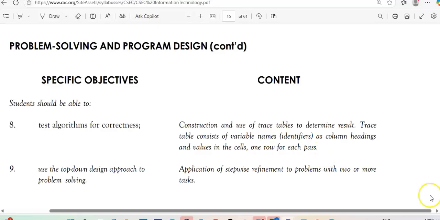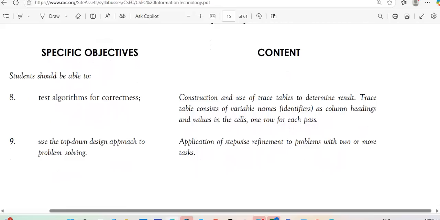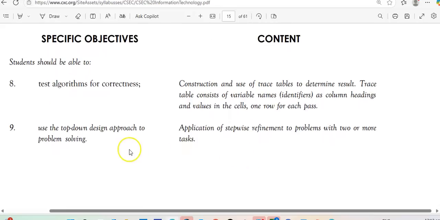All right, application. Use the top-down design approach to problem solving. That again, you will have to consult your textbook for, but I can explain to you what is a top-down design approach to problem solving. So guys, as I said, you'll have to consult your textbook for this one, but I can give you a short summary of the top-down design approach to problem solving.